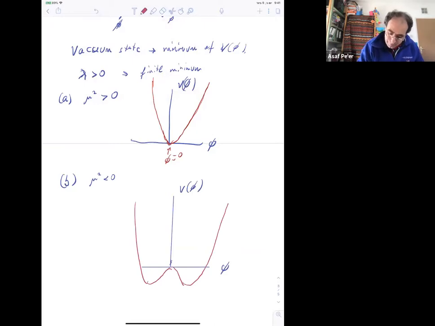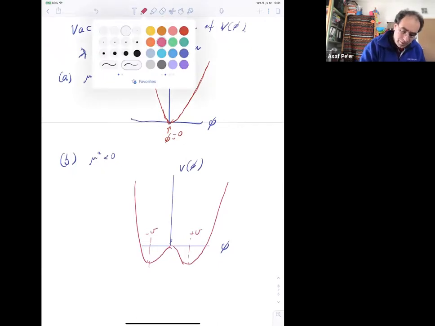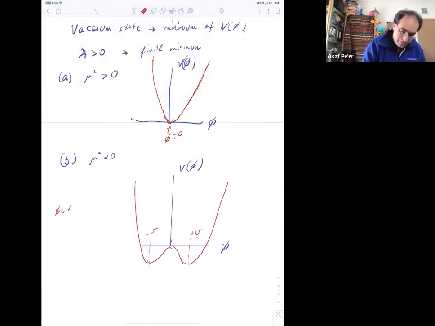We have two minima, plus v and minus v, where phi is plus or minus v, which is plus or minus the square root of minus mu squared over lambda.